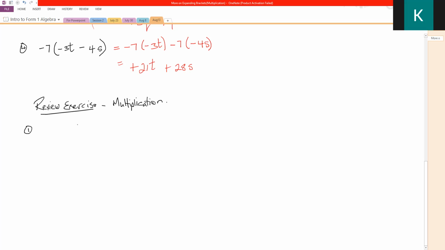Right, so we're starting simple with some simple multiplication, and then we build up into our expanding brackets, stuff like that.